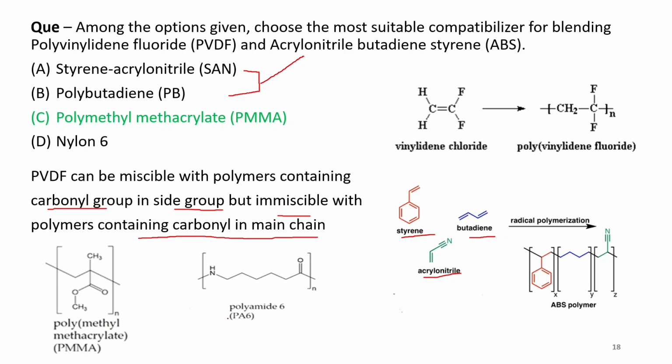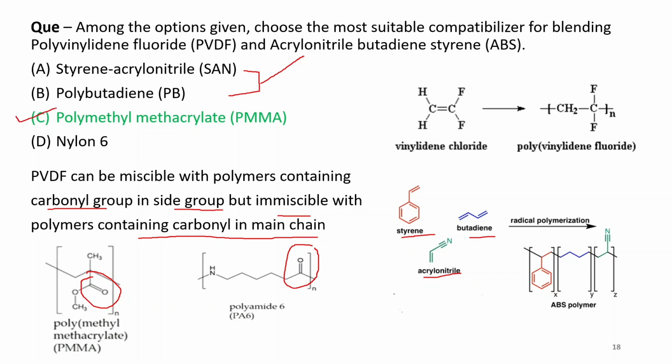In the PMMA, it is miscible because the carbonyl group is in the side chain, not in the main chain. But in the case of nylon 6 or polyamide 6, it is in the main chain. So PVDF cannot be miscible with nylon 6 but with the PMMA. So option C is correct.